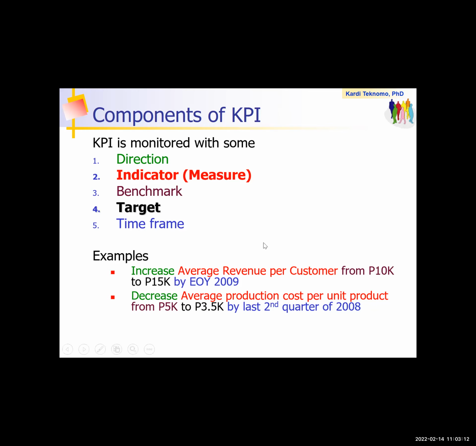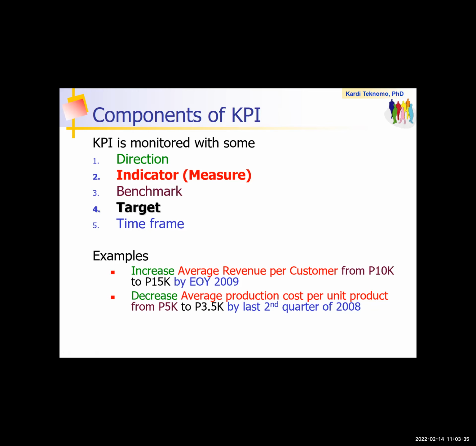You look at this. For example, to increase, the increase or decrease is the direction. The red here is the measure, the average revenue per customer, the average production cost per unit product. These are the indicator. And then you need to put the benchmark. The benchmark is the from where.